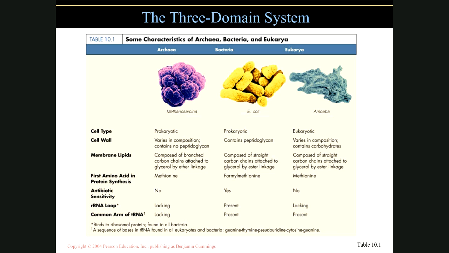Now, when they first discovered the archaea, they called them archaebacteria because they were prokaryotes, and so they just grouped them in with the bacteria, but they noticed some consistent differences from the true bacteria. Archaea do not have cell walls made of peptidoglycan. So there's no peptidoglycan in the archaea.